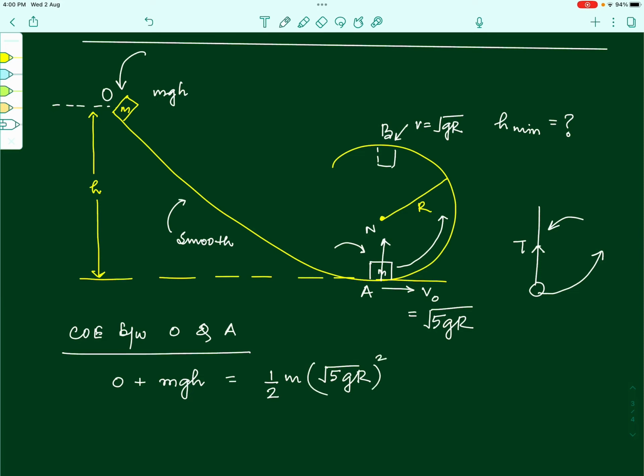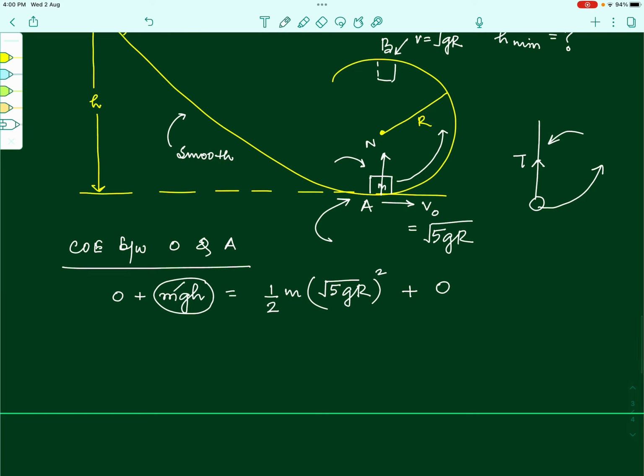This is the velocity that we want at the lowest point for the block to be able to complete the circular path. Plus, what is the potential energy at the lowest point? Since we are assuming that the potential energy at the ground is 0, the potential energy at the point A will be 0.